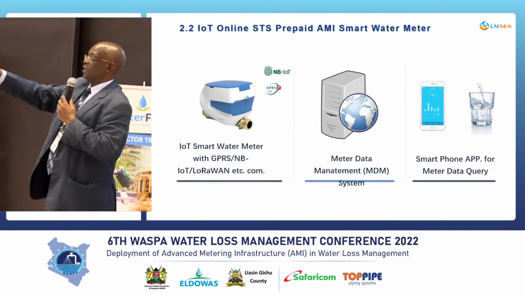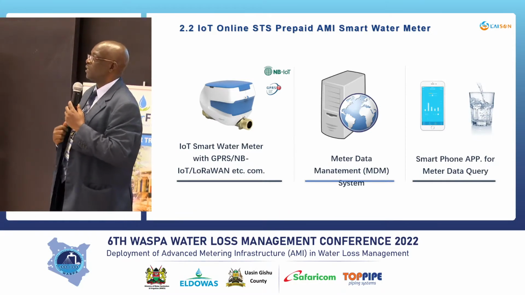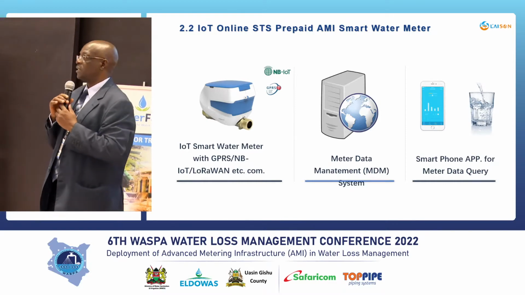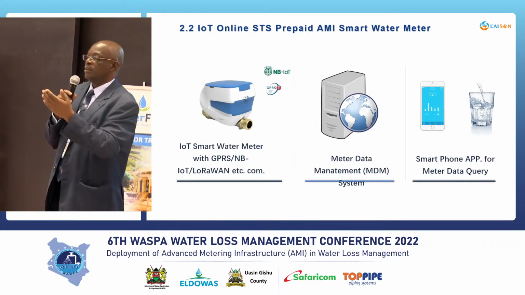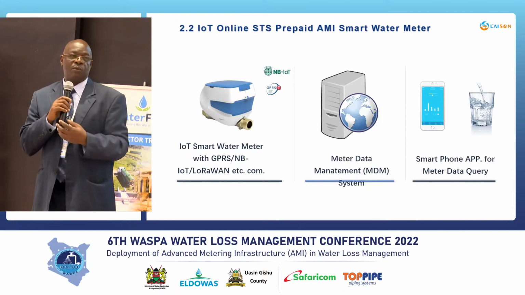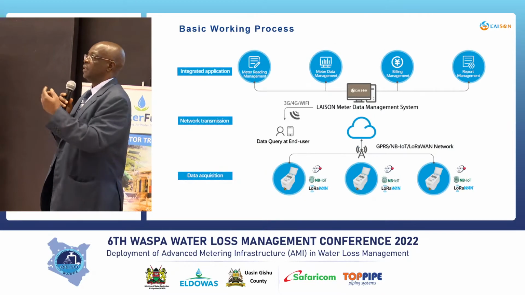Those are just some of the meters we have. We have the GPRS ultrasonic for both customer and production meters. If you want a production meter ultrasonic, they are available with Liaison. Next.